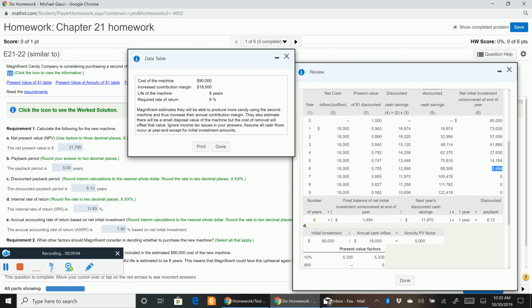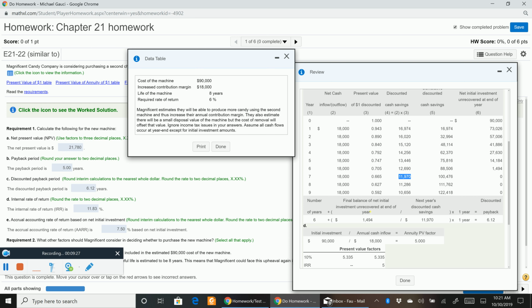We're going to take 6 full years, plus a little calculation. In the last year, we have the final balance of $1,494 divided by the next year's savings, which is year 7, of $11,970. That gives us a percentage of a year that we work into year 7.